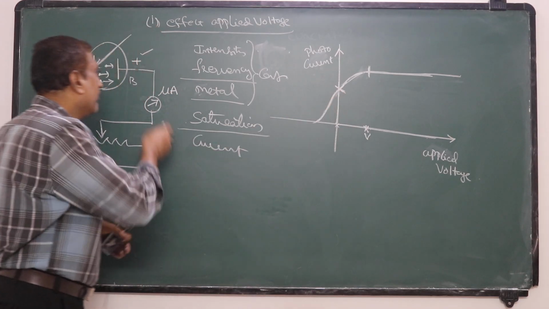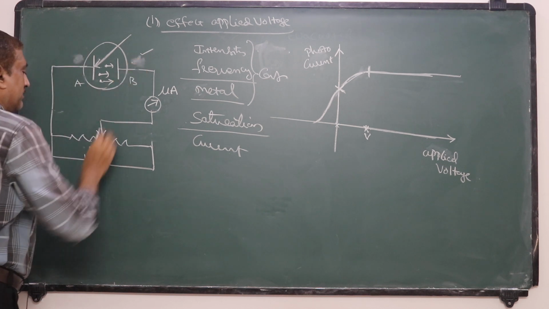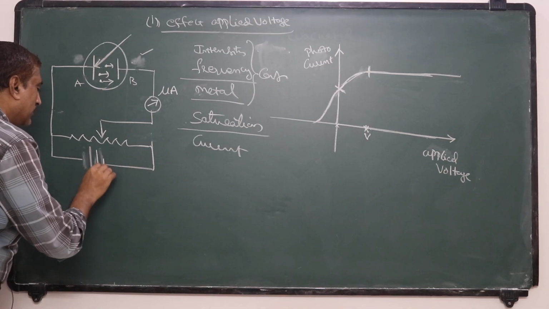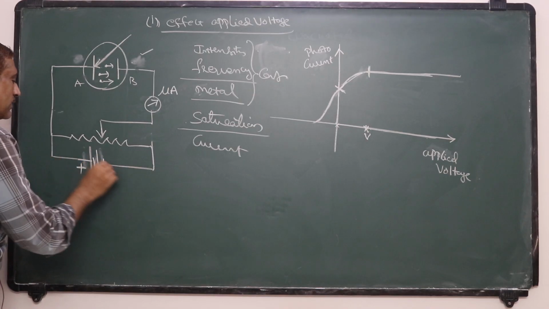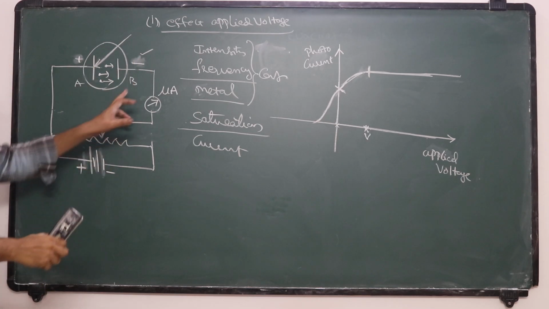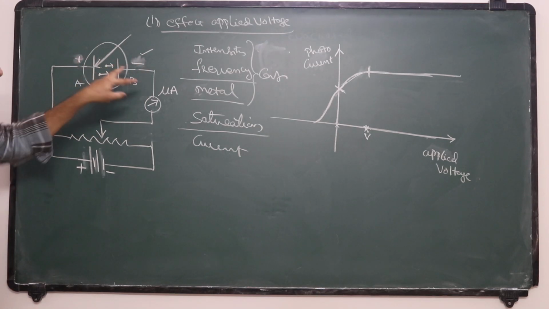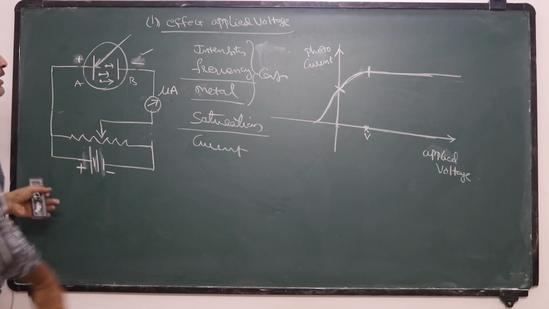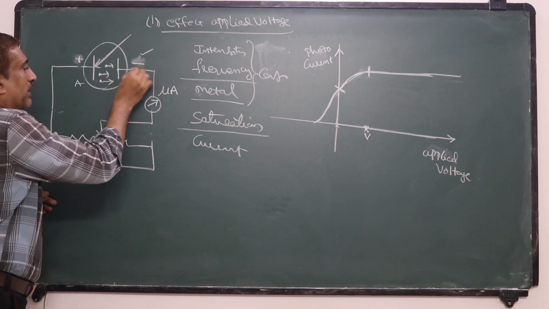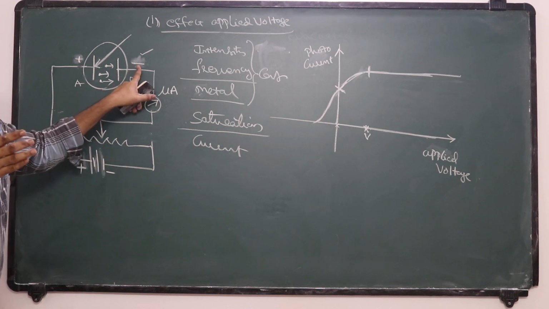Now if we reverse the polarities, that means B is made negative with respect to A, which is positive. If we interchange these two polarities, electrons are negatively charged particles and this particular collector is at negative potential, so the electrons are repelled.